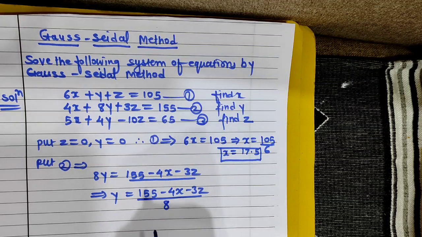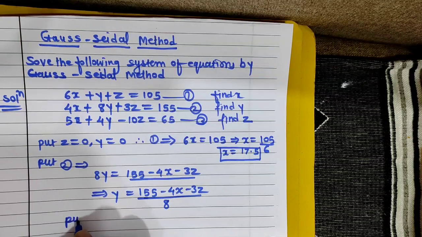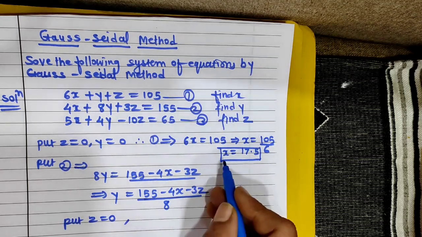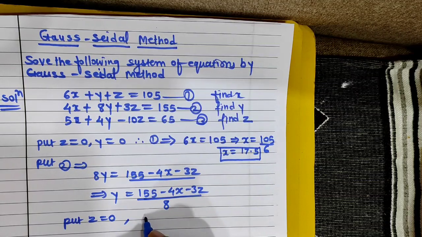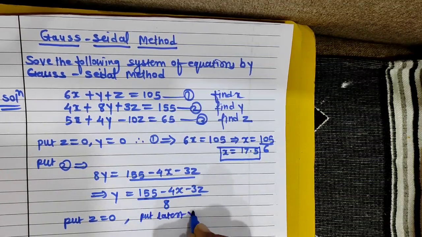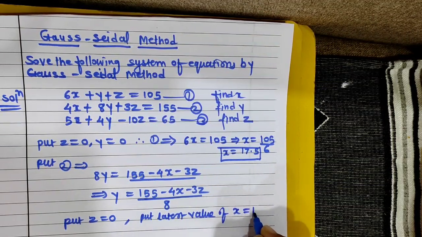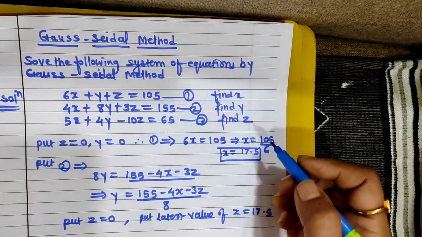Now in this equation we don't want z, so put z equal to 0. Put the latest value of x, that is 17.5, in this equation number 2.